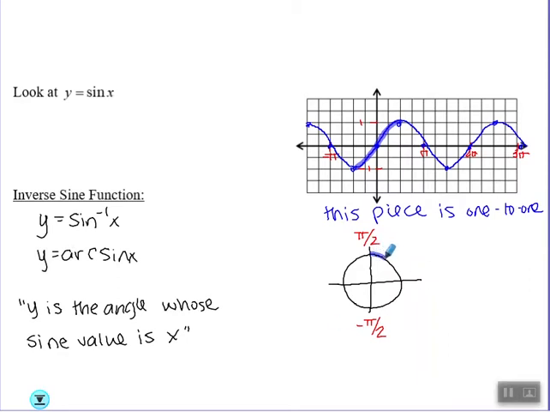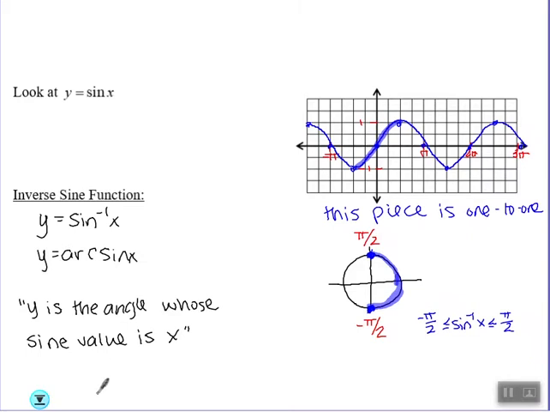That is this part of the unit circle, and this does include negative pi over 2 and positive pi over 2. So we say that inverse sine of x is between negative pi over 2 and positive pi over 2.